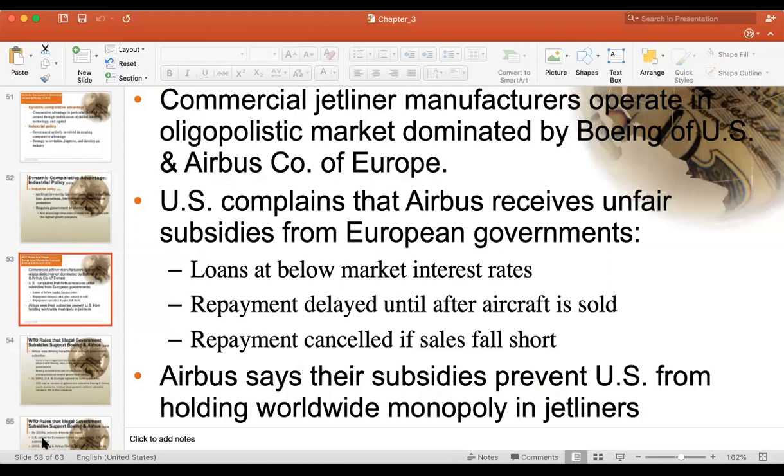You look at Boeing, for example, in the US. Without US help, I don't think they would have been able to reach the plateau that they have reached in terms of aircraft manufacturing, commercial jet airlines. Same thing with Airbus in Europe. Without the help and industrial policies pursued by the EU, Airbus is not going to go anywhere.